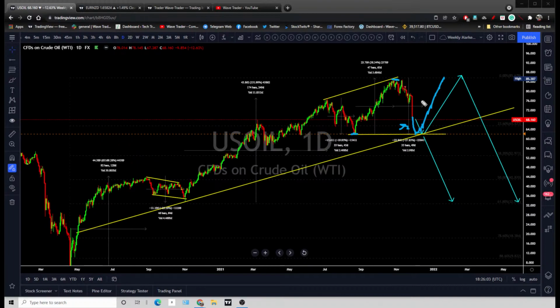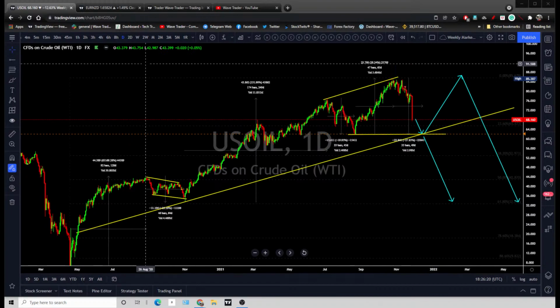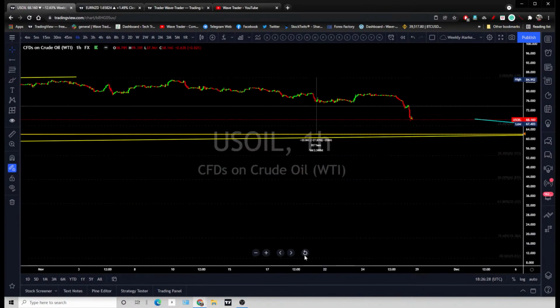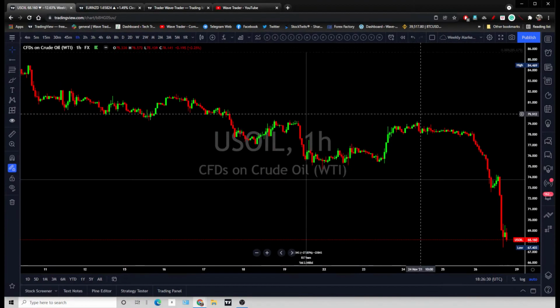Oil was strong even after that. And then COVID came, and COVID dropped the oil. We still may see some pressure on oil. Oil can still drag lower, so a move of another $8 to $10 can happen over there. So it is still tradable.